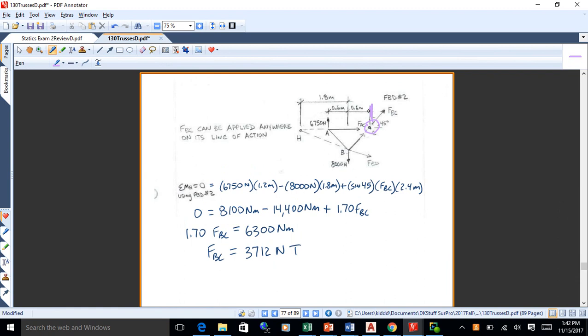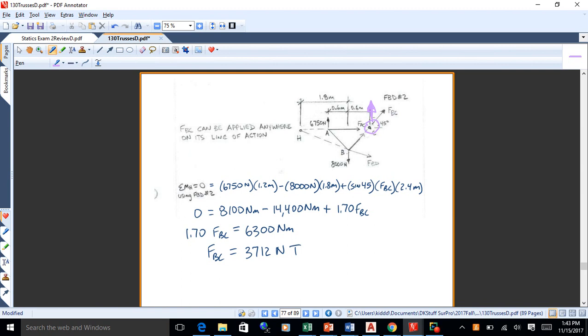What I would have there would be this component of force, which would be sine 45 times whatever FBC is, and that moment arm there would be 2.4. So you could do all sorts of little tricks on these things to solve them out. That just gets to the answer again with one less term. So instead of 4 terms in that equation, now I'm down to 3. I did that by sliding FBC up to point C.